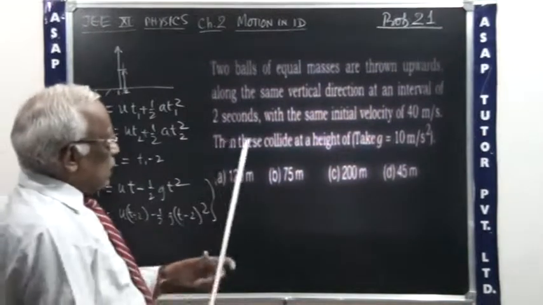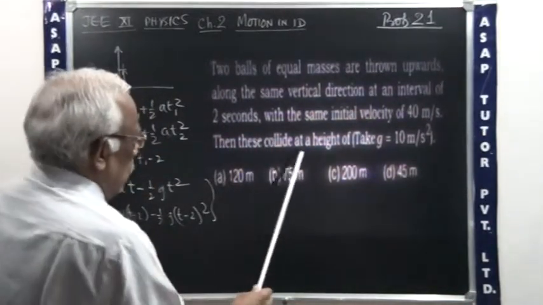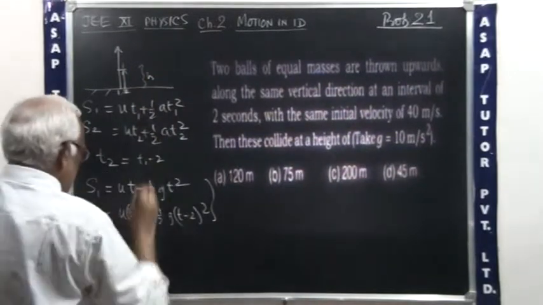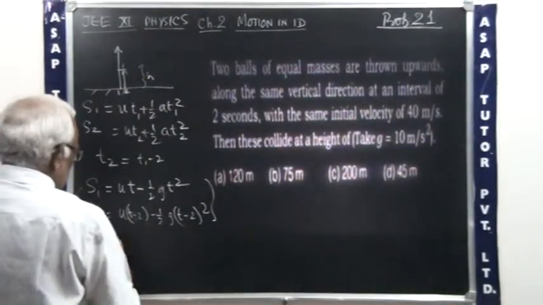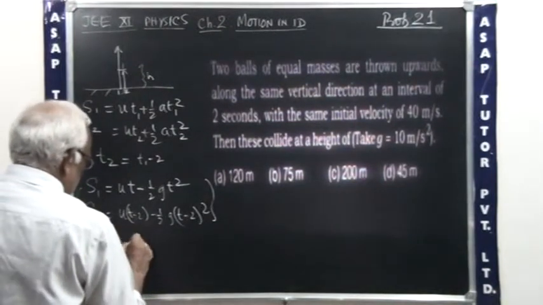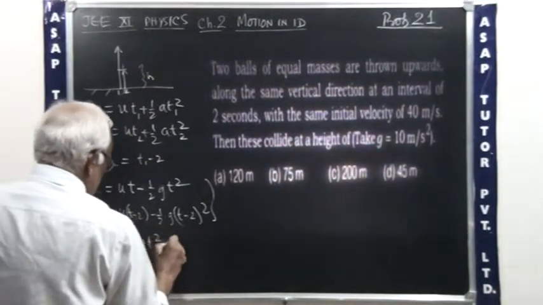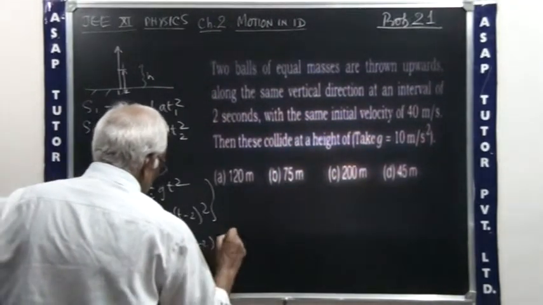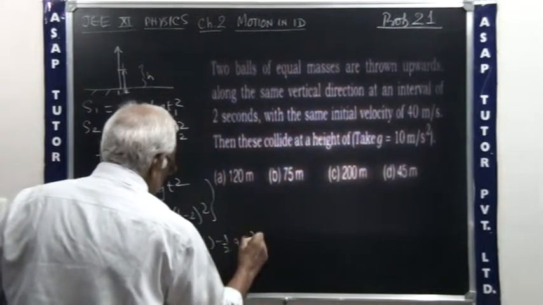Now we want these to collide at a particular height. So if they meet at a certain height h, then these two will have to be equal. So I will have S1 equal to S2. So I'll write ut minus half g t square is equal to u(t minus 2) minus half g (t minus 2) whole square.